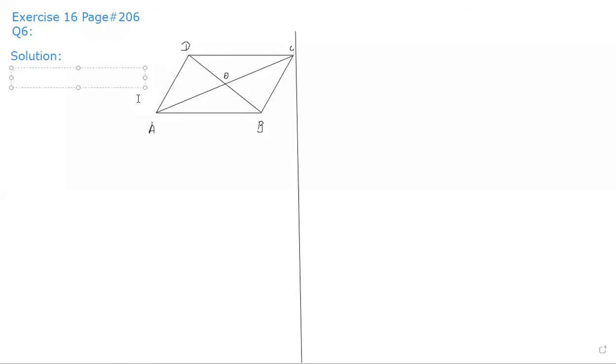First of all, let ABCD be a quadrilateral with AC and BD as diagonals.